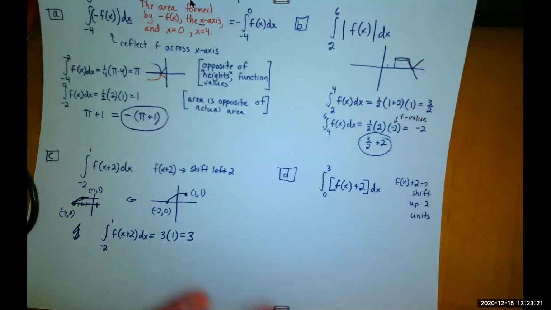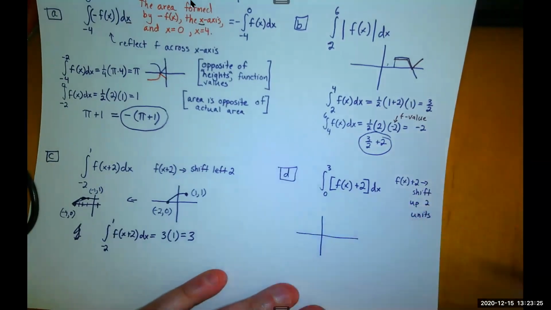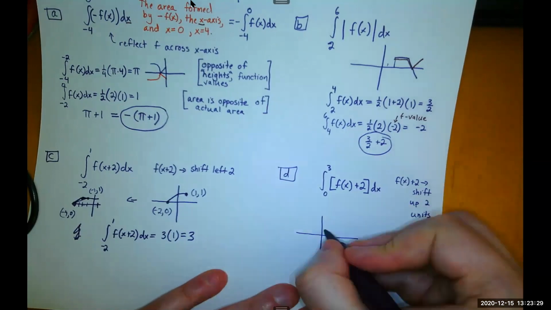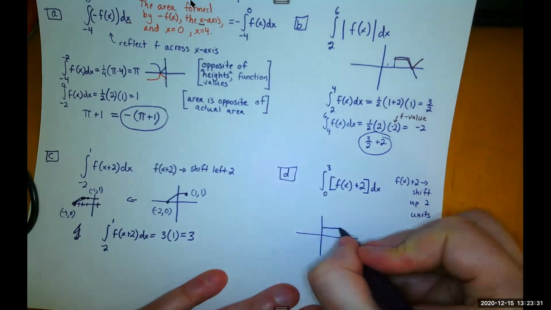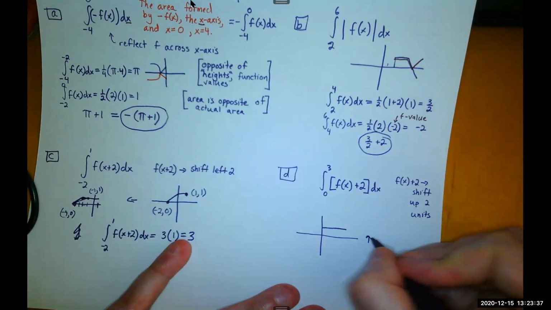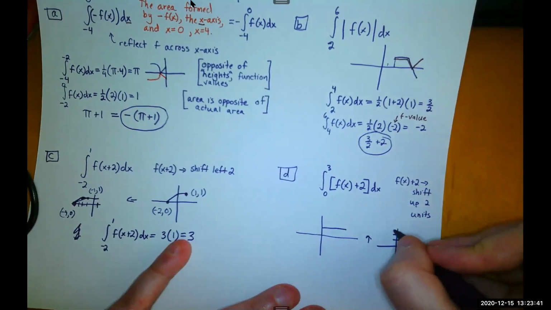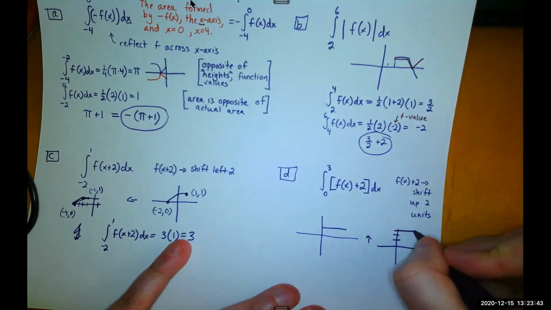Over here, we have to go up 2. So if we look at the function f of x from 0 to 3, that is this. If we go up 2, we have the same thing, but instead of being at 1, it's now at 3.